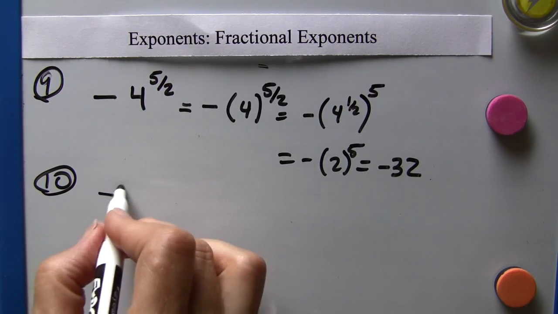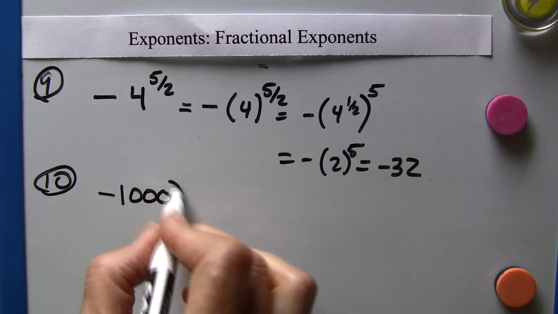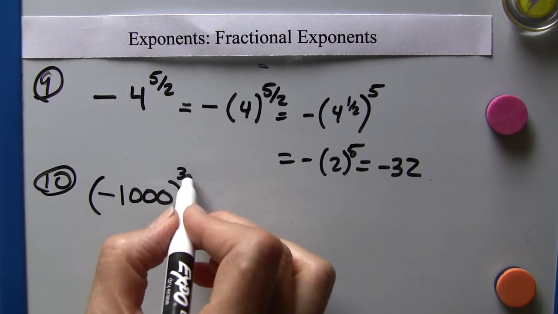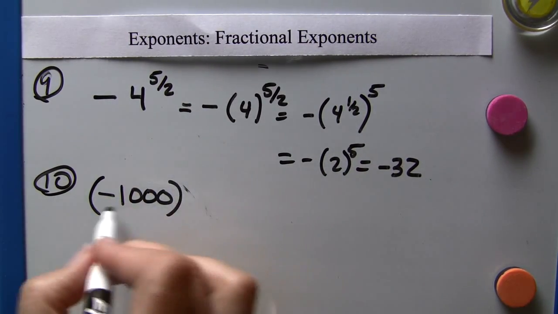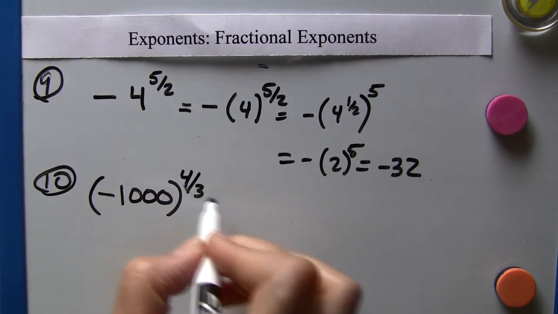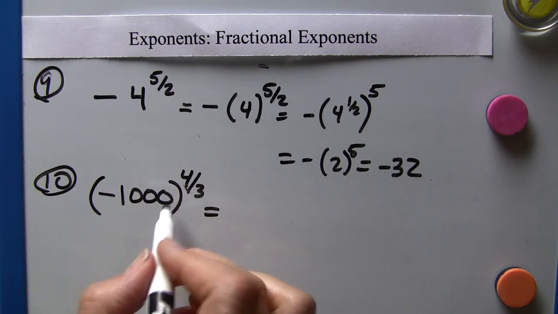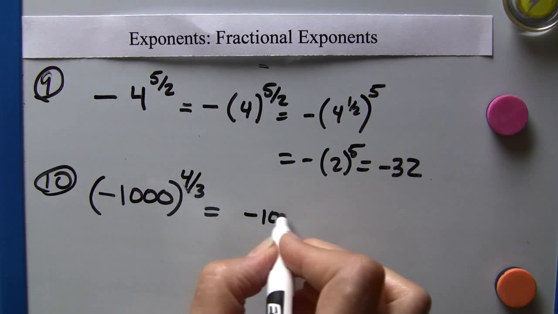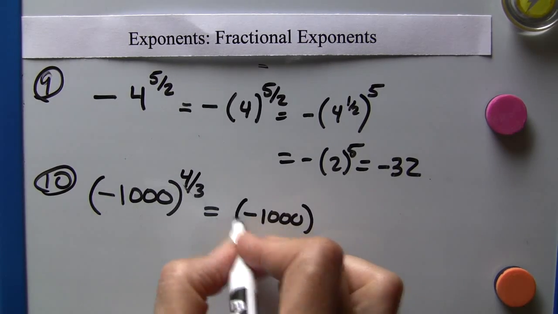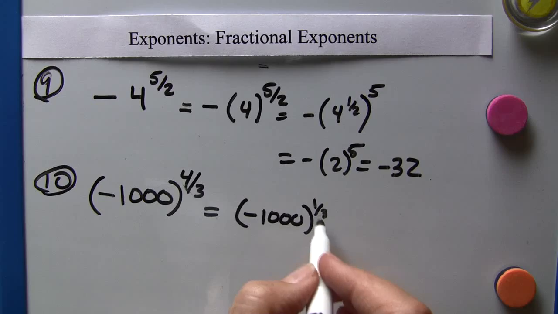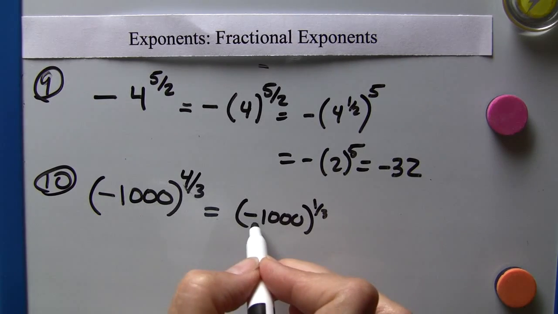In this case, we're going to take negative 1,000 and put parentheses around it. So that means that negative sign is attached to this number here, 4 over 3. Okay, this is negative 1,000 to the 4/3. We can go negative 1,000. And since we want an odd root, a cube root here, we can take the cube root of a negative number.